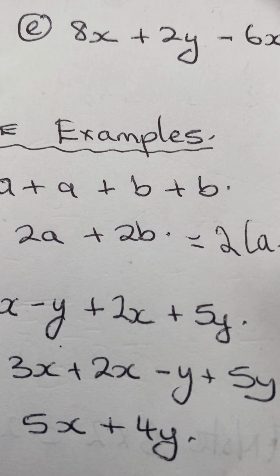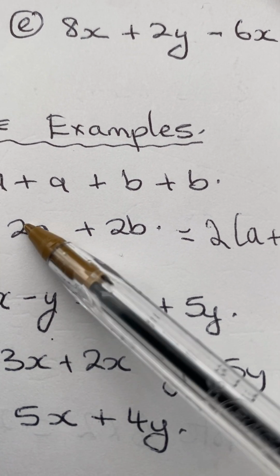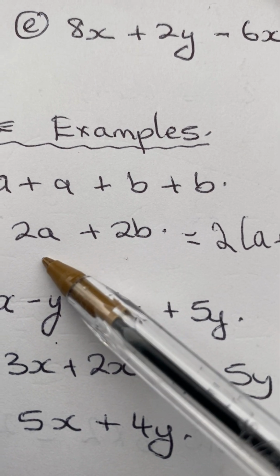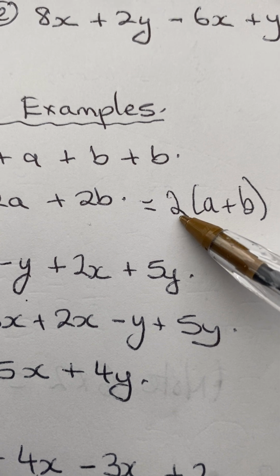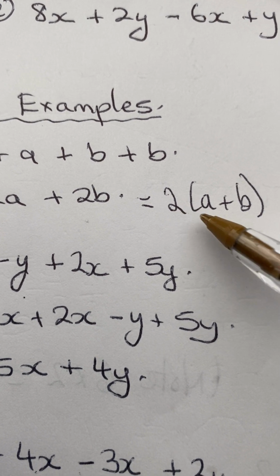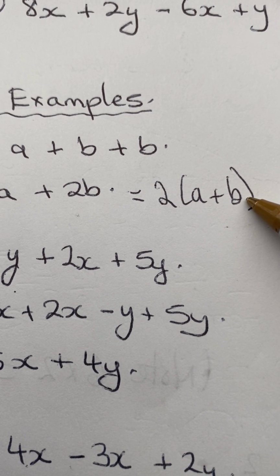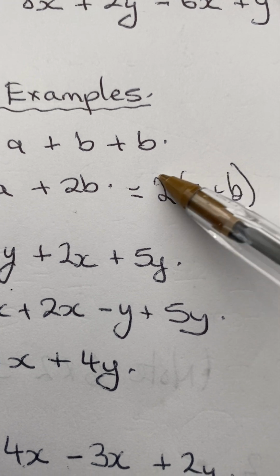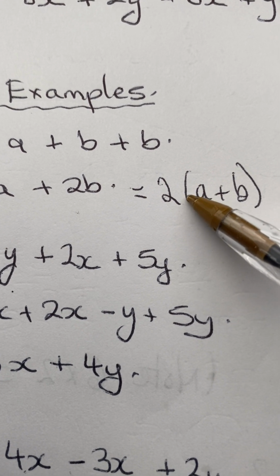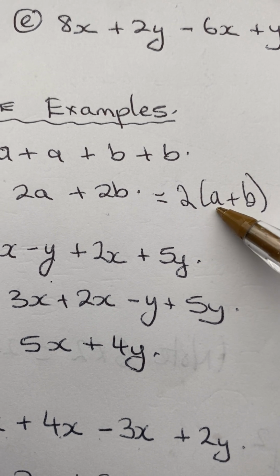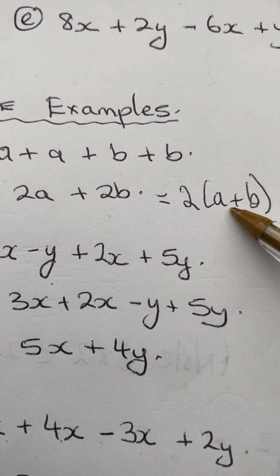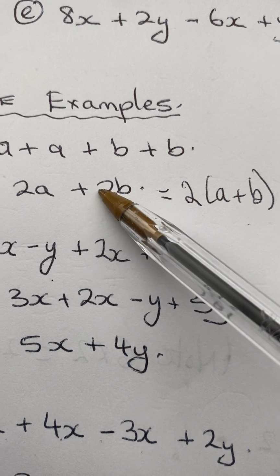Here also 2 is common, so we can introduce a bracket, 2 out of the bracket, a plus b, so that when we multiply back and remove the bracket, we will end up having 2a add 2b there.